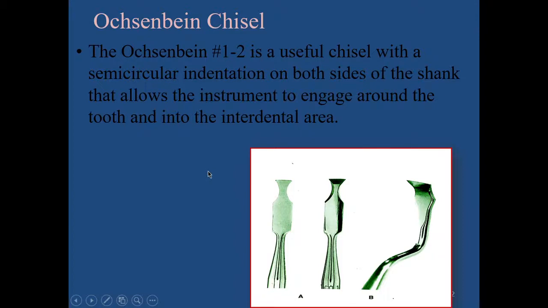The Ochsenbein chisel has a semicircular indentation on both sides to remove bony ledges. And these semicircular portions are to be engaged around the tooth.